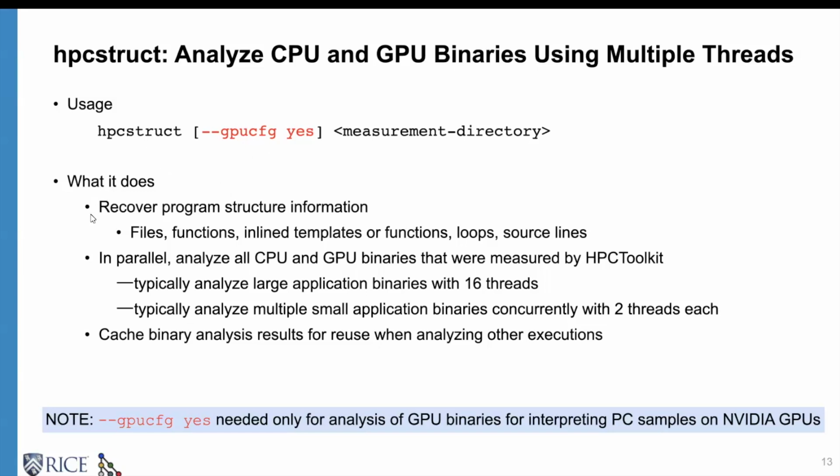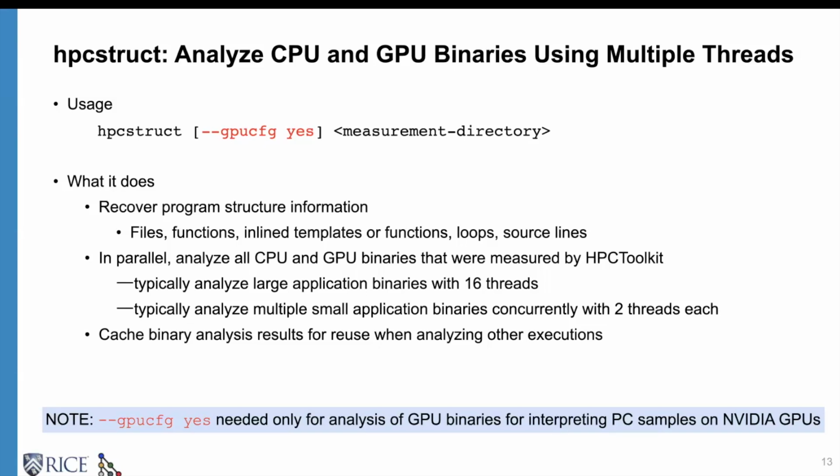So what HPCStruct does is it recovers the program structure information, as I said, which is the files that the machine code relates to, the functions, inlined templates or functions, loops, outlined OpenMP code, and your source lines. And then in parallel, we're going to analyze all the CPU and GPU binaries that were measured by HPCToolkit. And so we'll use about half the threads that are available on whatever you're running on.